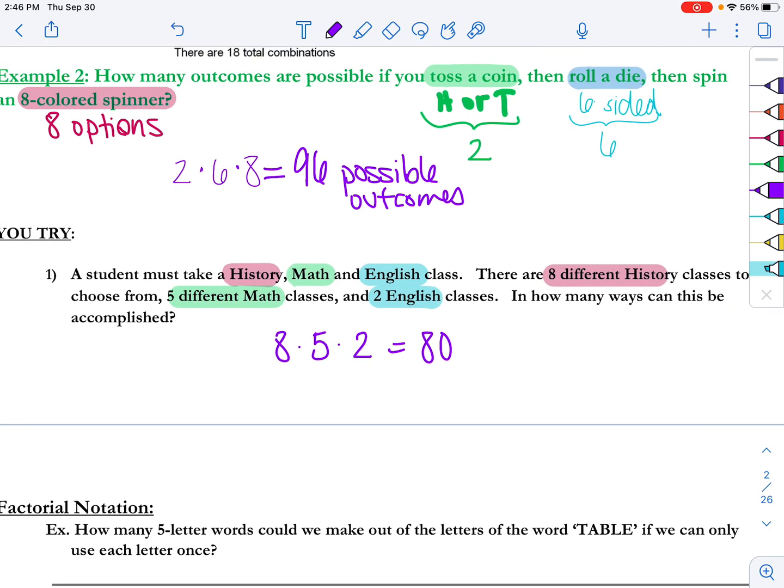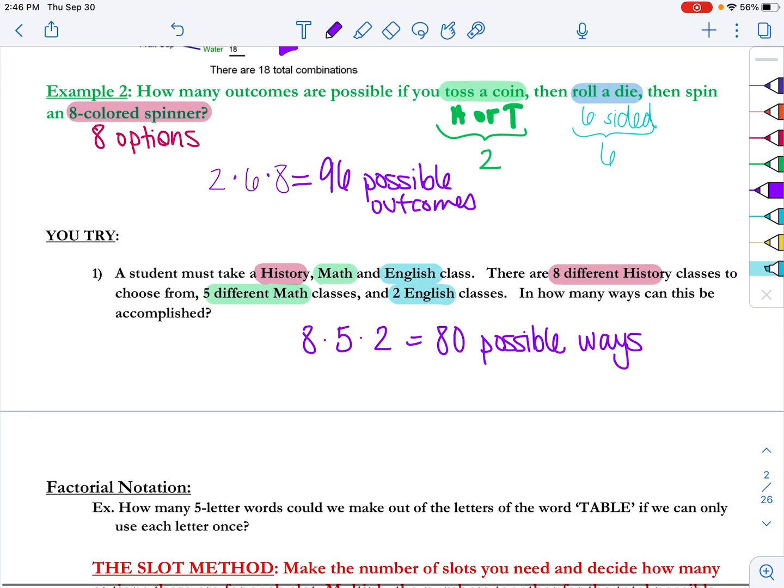So because they're all independent, all we have to do is take the number of options, 8 history, 5 math, 2 English, multiply them all together, and we get 80 possible ways to form a schedule, okay? Not to mention then in what periods these are all offered, right? And then if you throw that in, then that makes the number of possible schedules way larger and way harder to figure out.